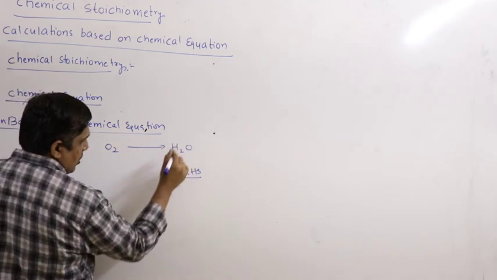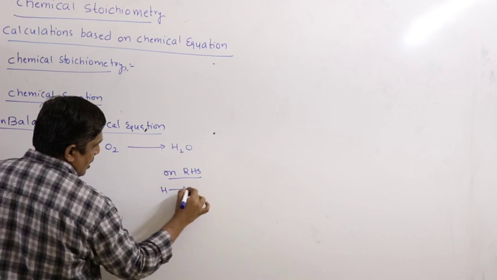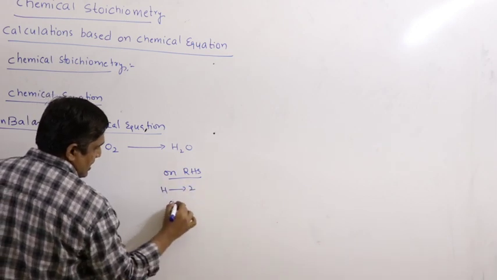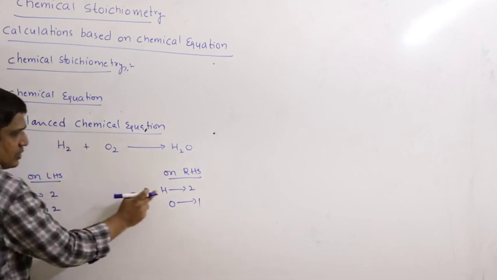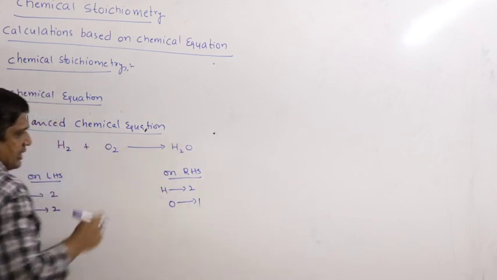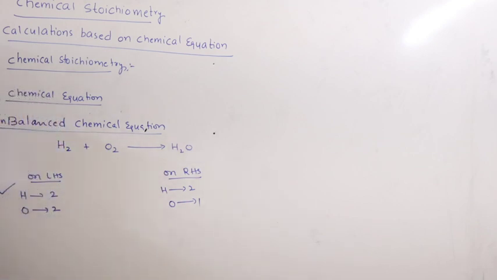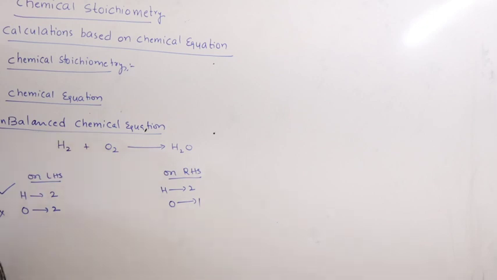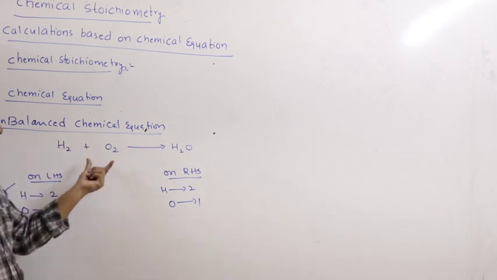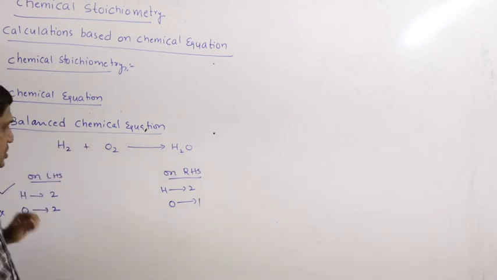Here in this molecule, how many hydrogen atoms do you have? 2. How many oxygen atoms? 1. So the number of hydrogen atoms on left hand side equals the number on right hand side, therefore it is balanced with respect to hydrogens. Oxygens 2, 1. So with respect to oxygen it is not balanced. So we can call this an unbalanced chemical equation.